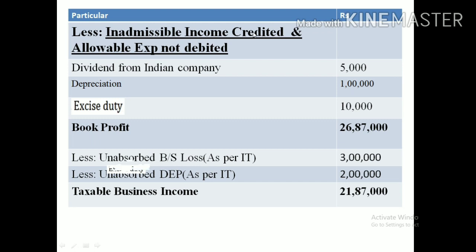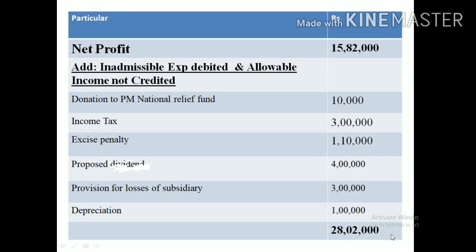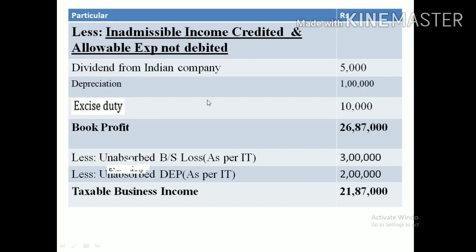Then next, less inadmissible income credited and allowable expenses not yet debited. Dividend from Indian companies already credited, so deduct 5,000. Then depreciation: there is no depreciation as per IT, so the amount you added as inadmissible, the same amount should be deducted as allowable depreciation.